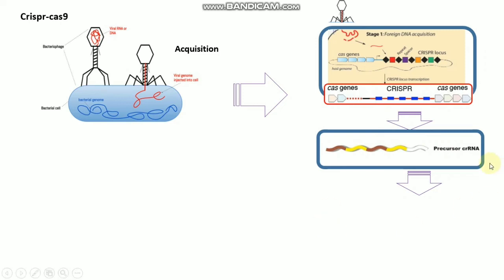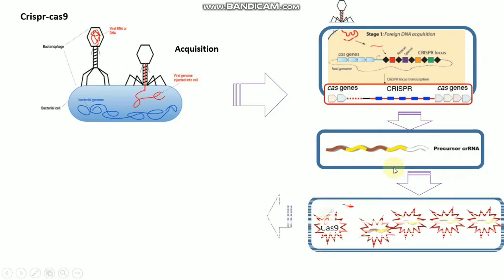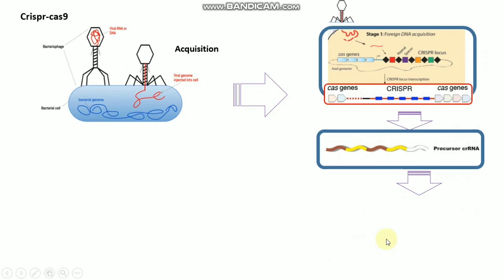This precursor CRISPR RNA is then cleaved to produce individual CRISPR RNAs that will associate with Cas9 proteins. As you see here, this small fragment of the CRISPR RNA is cleaved individually from the precursor CRISPR RNA, and then it associates with the Cas9 system.